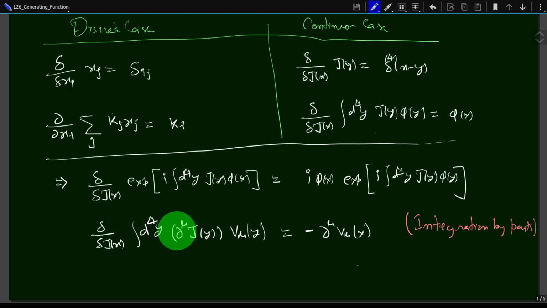When I do that, the derivative del_mu starts acting on V, and I get the minus sign plus the boundary term. Then I take the derivative with regard to J(y) using the delta x minus y, and integrate over d^4y to get rid of the delta, and what I get is minus del_mu V^mu(x). So here integration by parts is performed.